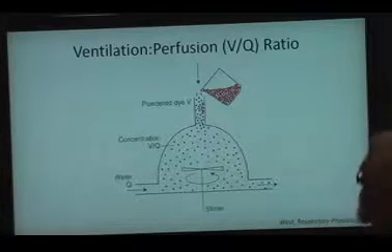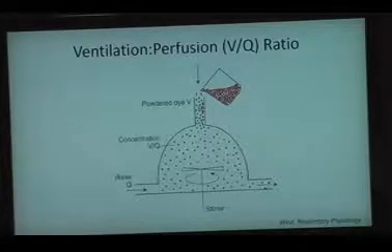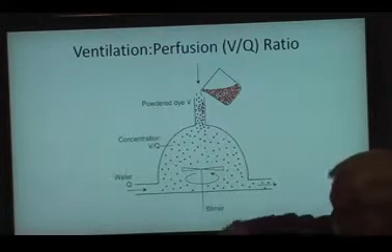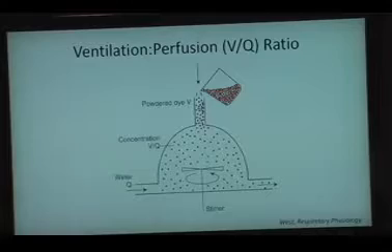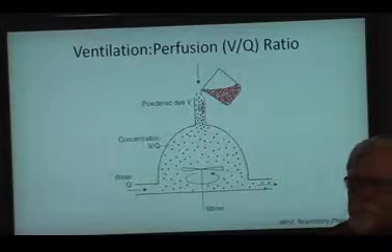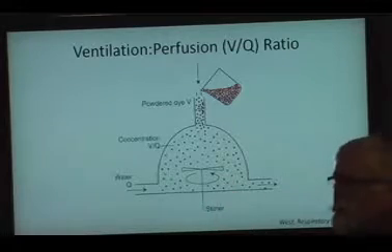Okay, so next let's talk about ventilation perfusion ratio, or VQ matching and mismatching, which can be another cause of hypoxemia. So imagine that our lung is like a big stirring pot. We are pouring oxygen molecules into the pot, and that's getting stirred around.